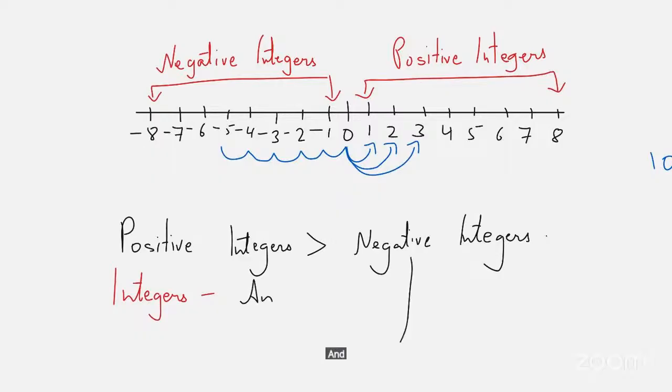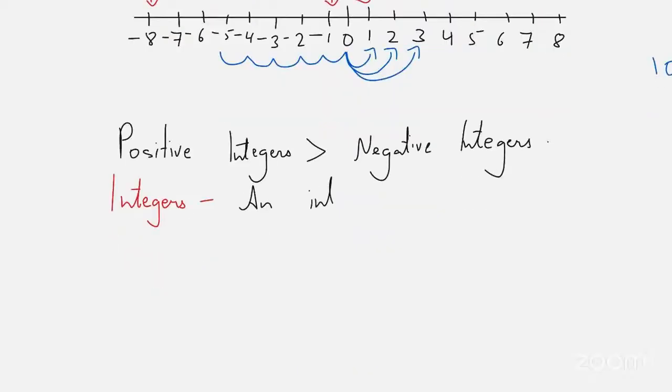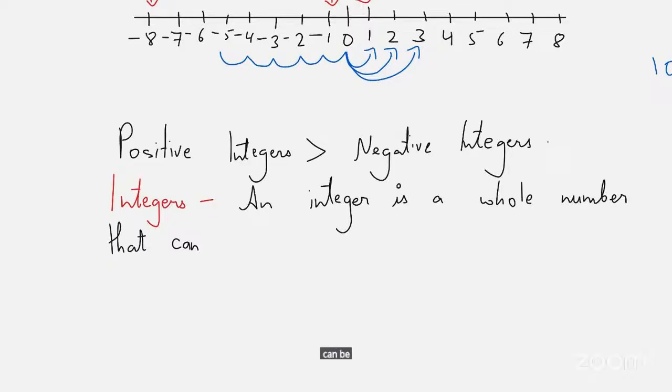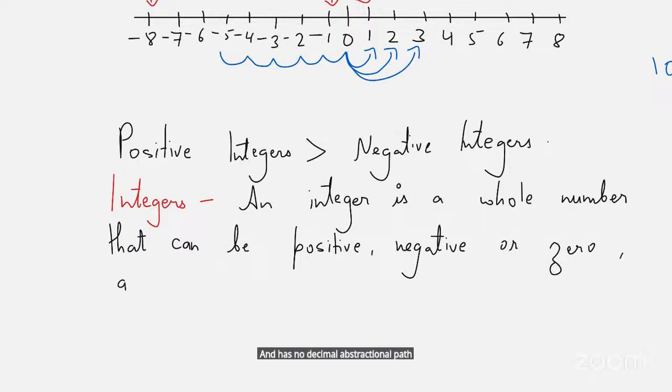An integer is a whole number that can be positive, negative, or zero, and has no decimal or fractional part.